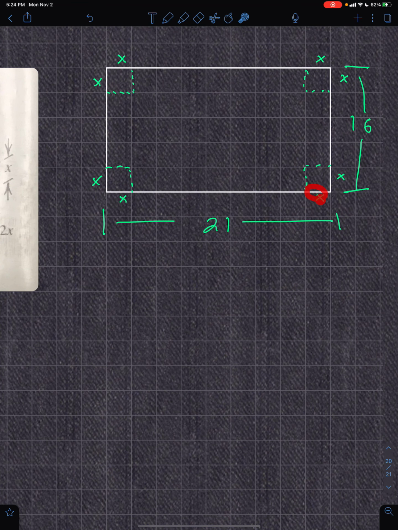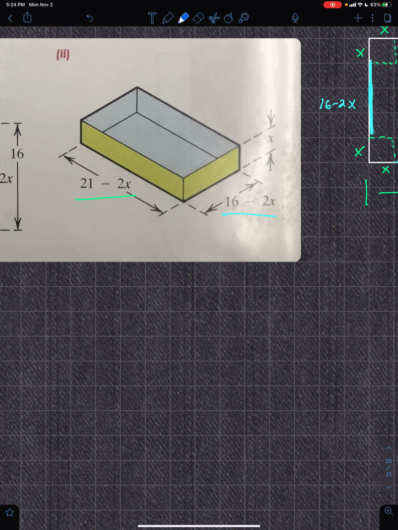So 21 minus 2x is this side right here. And then this side right here will be 16 minus 2x. When you're looking at that, that's a little better picture that they drew in advance. That's your box that has that volume inside. So it has all this volume here.